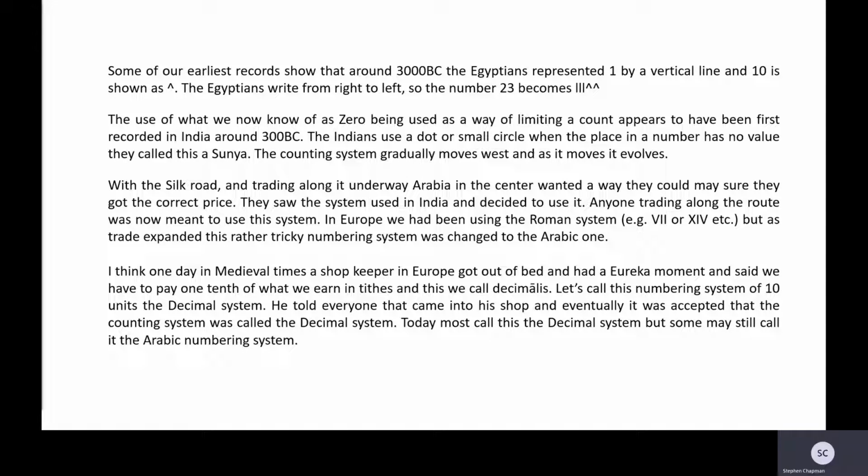Decimal meaning we count in tens. So, recap: the Roman numbering system, a bit cumbersome if we look at it today. If you were fluent with it in the day, it was probably very useful. But the Arabic numbering system, the one we're all fluent with, the decimal Arabic numbering system, we're quite familiar with how that works.